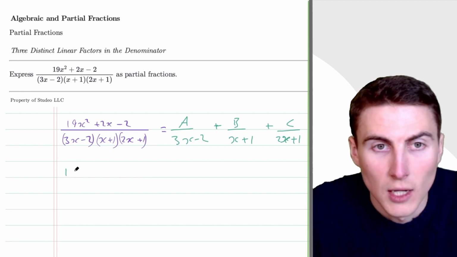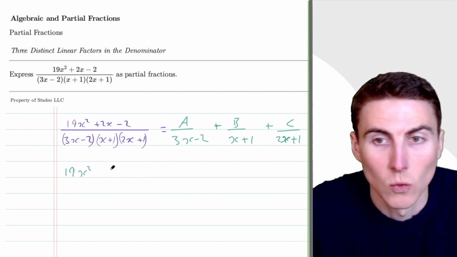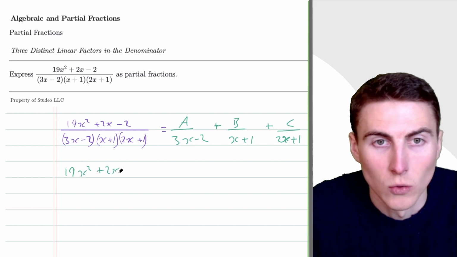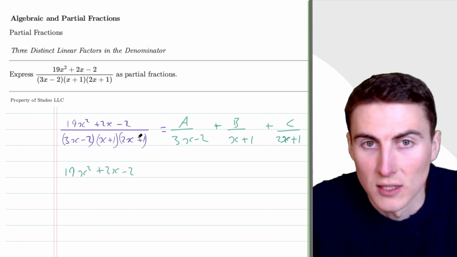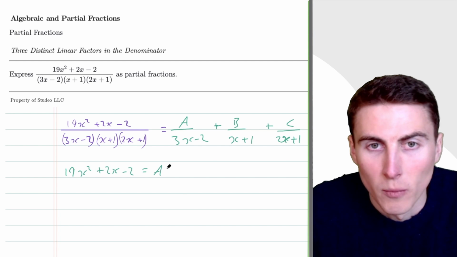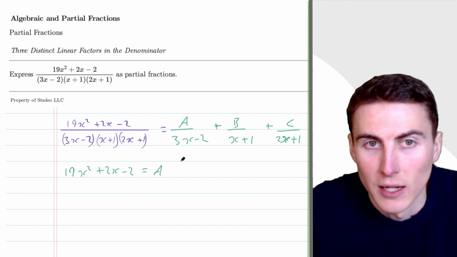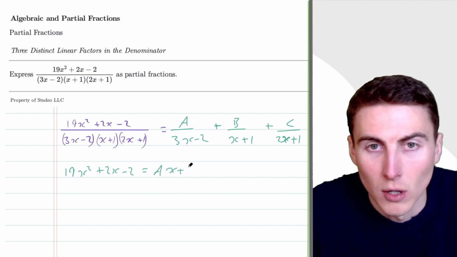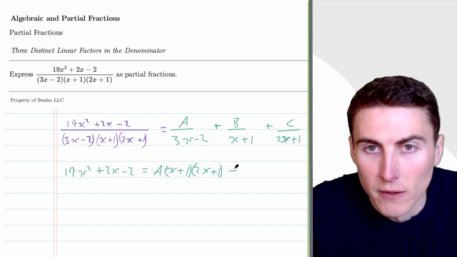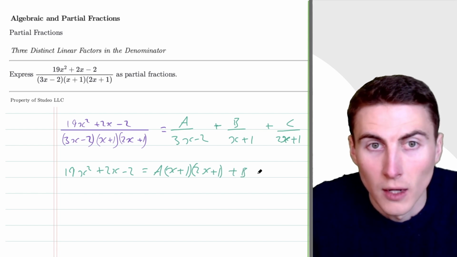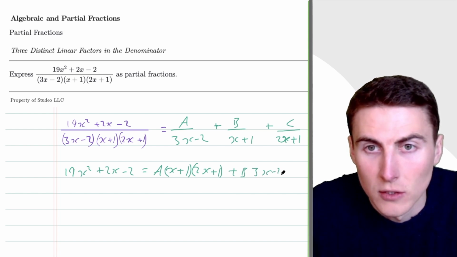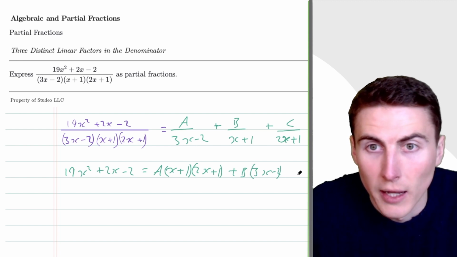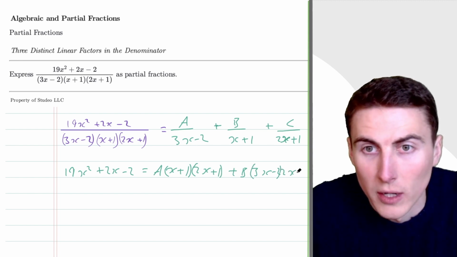So on the left, I'm just going to get 19x squared plus 2x minus 2, because all these will cancel out. Then on my a, this one will cancel out, but I'll still have the x plus 1 and the 2x plus 1. And then for the b, I'll have the 3x minus 2, and if I can squeeze it in, the 2x plus 1.